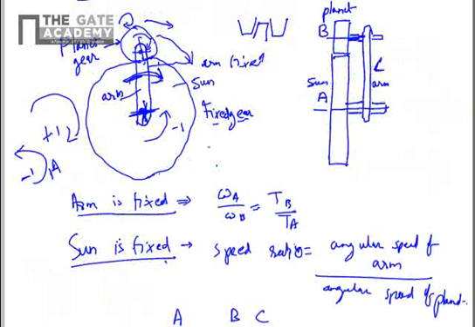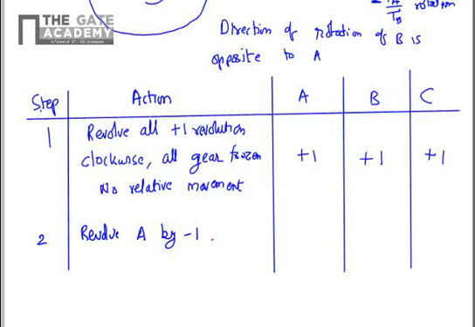It is important to consider the sense of the rotation here. Since the sun gear is moving anti-clockwise, the planet gear will move clockwise. So we have revolved the sun gear A by -1, keeping C fixed. The revolution of A will be -1, and -1 means anti-clockwise. Revolution of C will be 0.